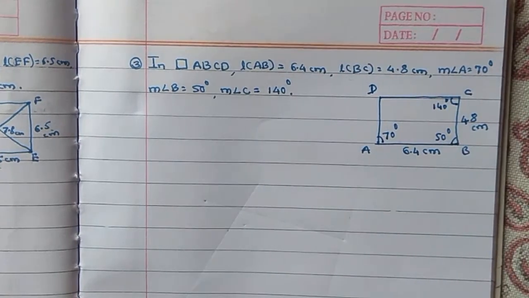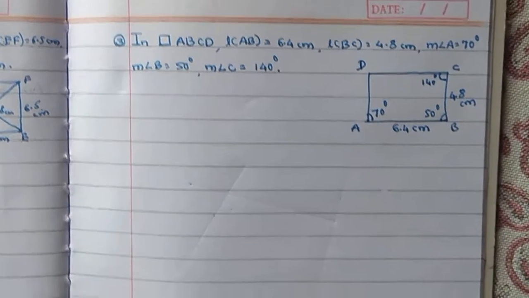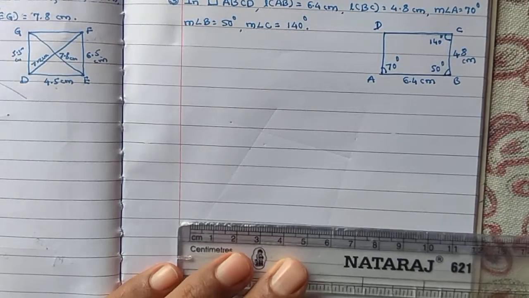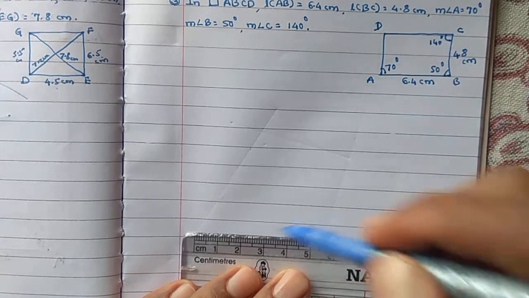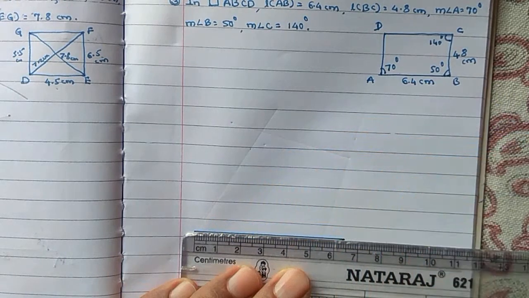Now with the help of this information, we have to construct a triangle. Right? The first thing, draw the base. What is the length given? 6.4 centimeter. Take 6.4 centimeter distance.